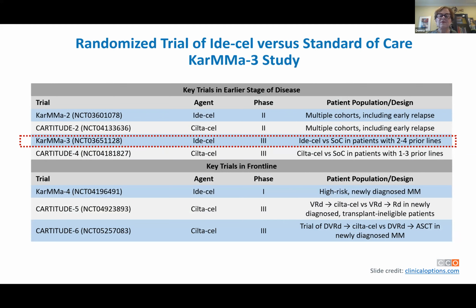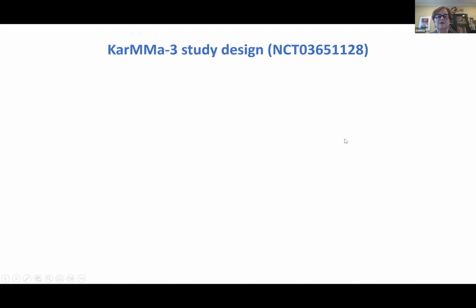So where are the pharma companies going from here? It really is a race, and hopefully that race will benefit our patients with this disease. This just lists a bunch of trials, and the next one to be done after approval of ide-cel was to actually do the phase 3 trial, compare it with standard of care in individuals who had progressed through all 3 lines of treatment.